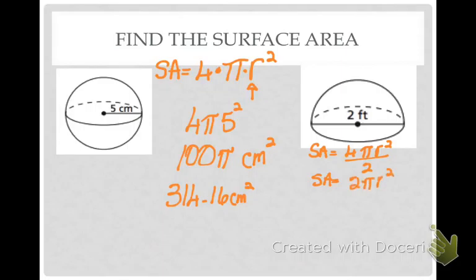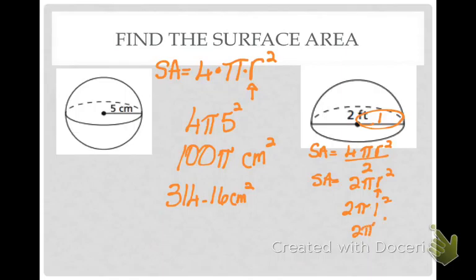Okay, so now I'm going to look up at my hemisphere, and I'm going to figure out what my radius is. Well, if my diameter, which is what they've given me, is 2, half of that has to be 1. So I'm going to put my 1 right there where my radius is, and I'm going to get that the surface area equals 2 pi times 1 squared, which if I simplify that is just 2 pi, and this is feet.